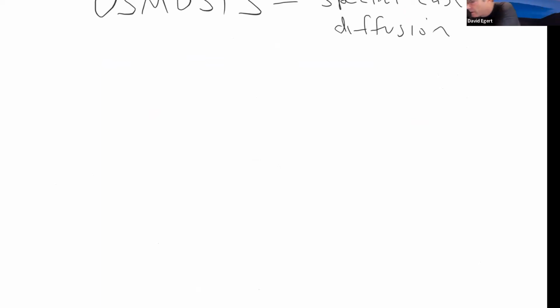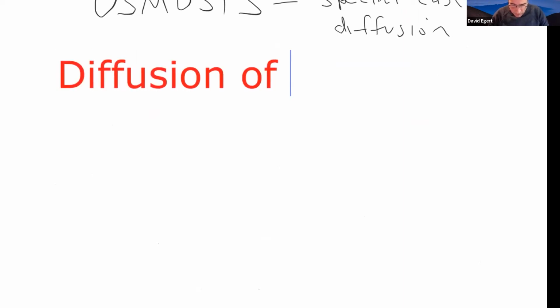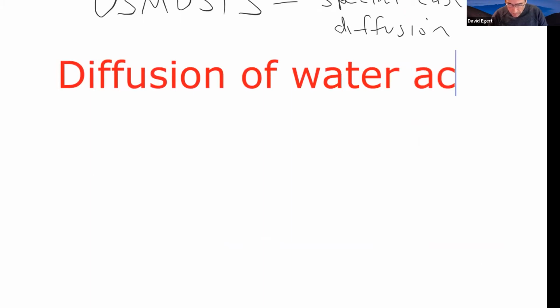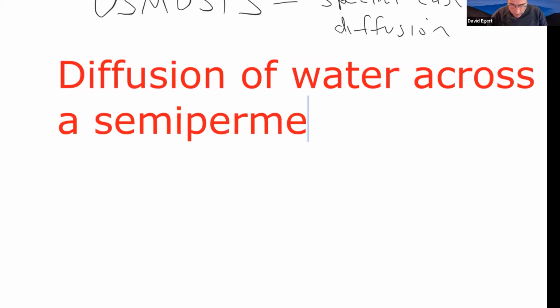So it's the diffusion of water across a semi-permeable membrane.